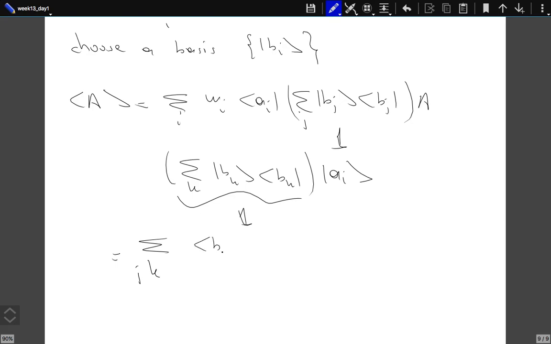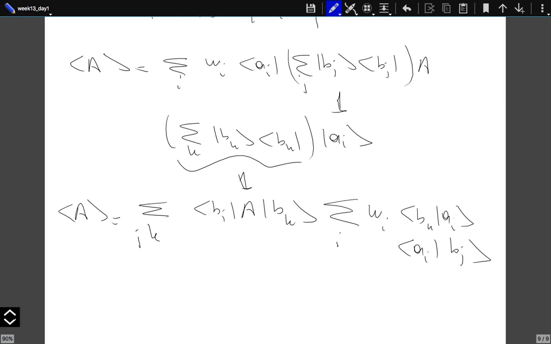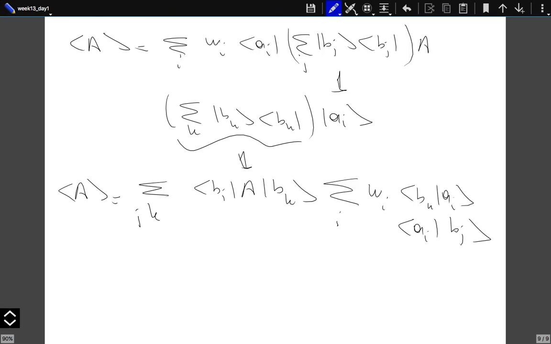I have <B_j|A|B_k>, and then <B_k|A_i>, well, here I have the sum over i, omega_i <B_k|A_i><A_i|B_j>. This is the average of A.